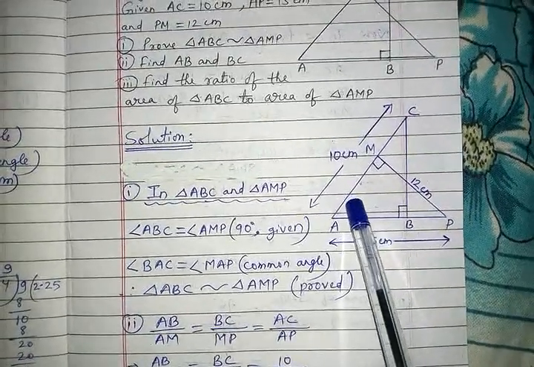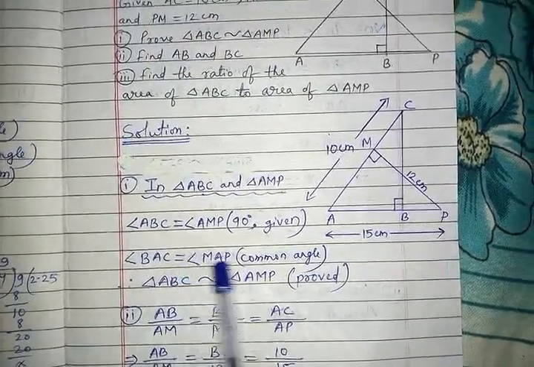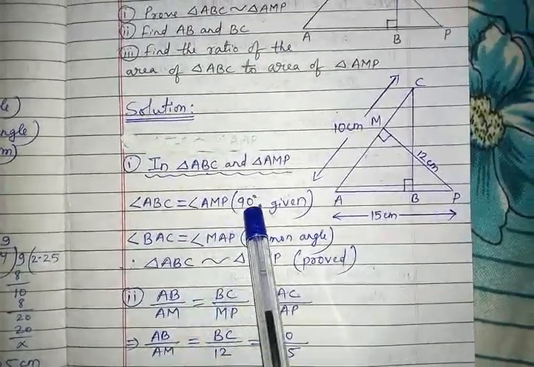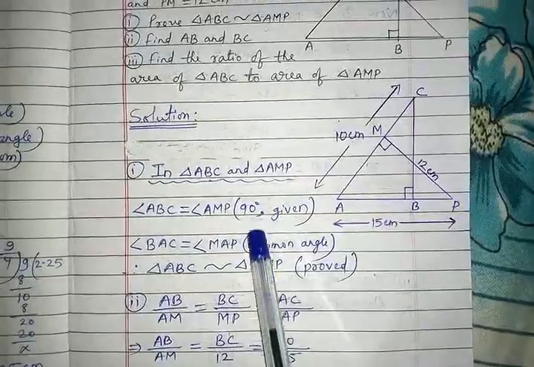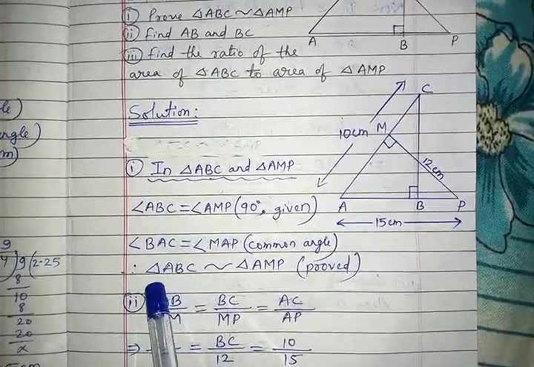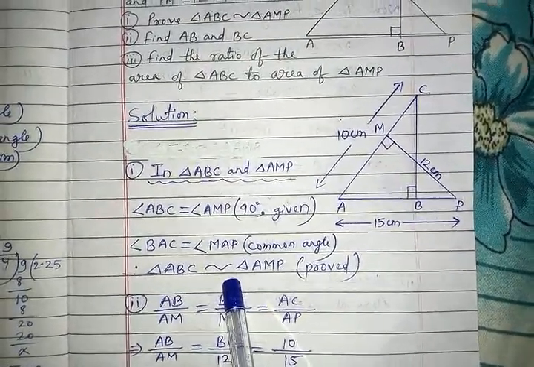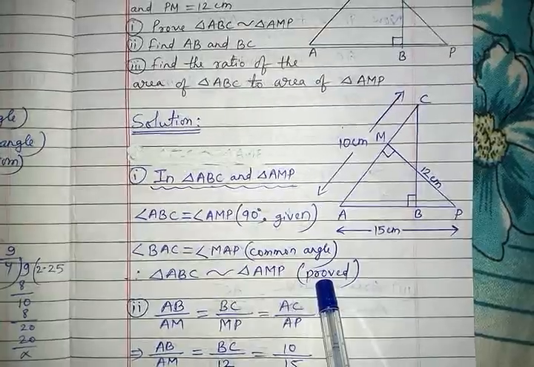So you can see this angle A is common in both triangles. So, common angle. Now whenever we prove that two angles of these two respective triangles are equal, then we can say both the triangles are similar to each other. So number 1 has been proved.